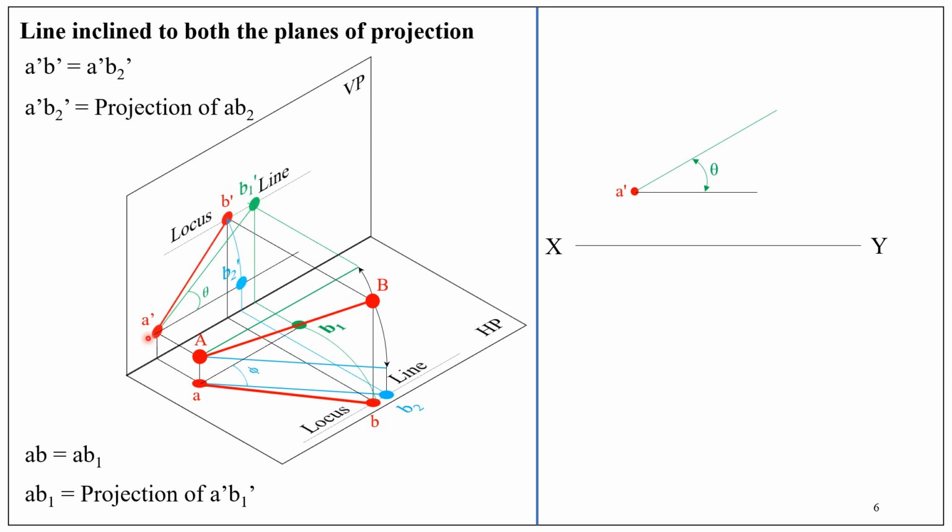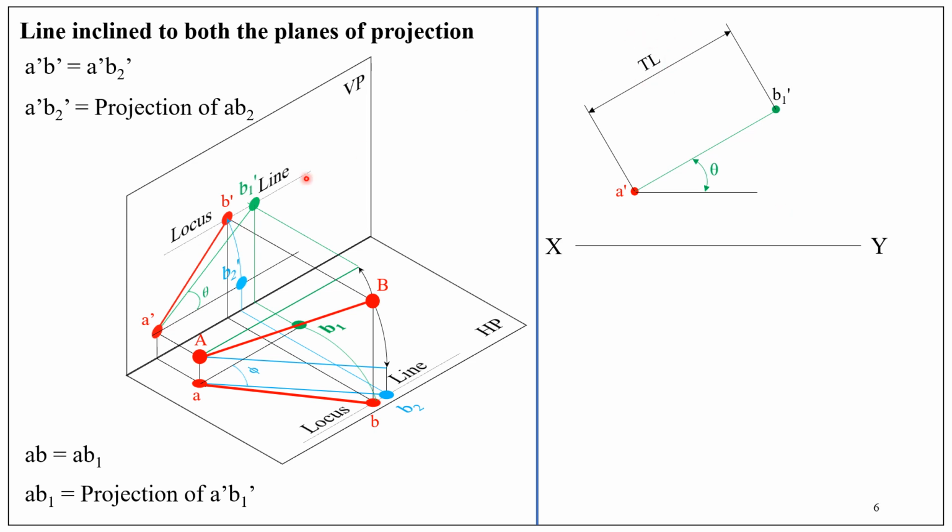Remember, A dash B1 dash is the true length, because this line is obtained by assuming AB is parallel to VP and inclined at an angle theta to the horizontal plane. So take the true length in your compass, fix A dash as center, cut an arc and obtain B1 dash. So the distance between A dash and B1 dash is the true length TL.